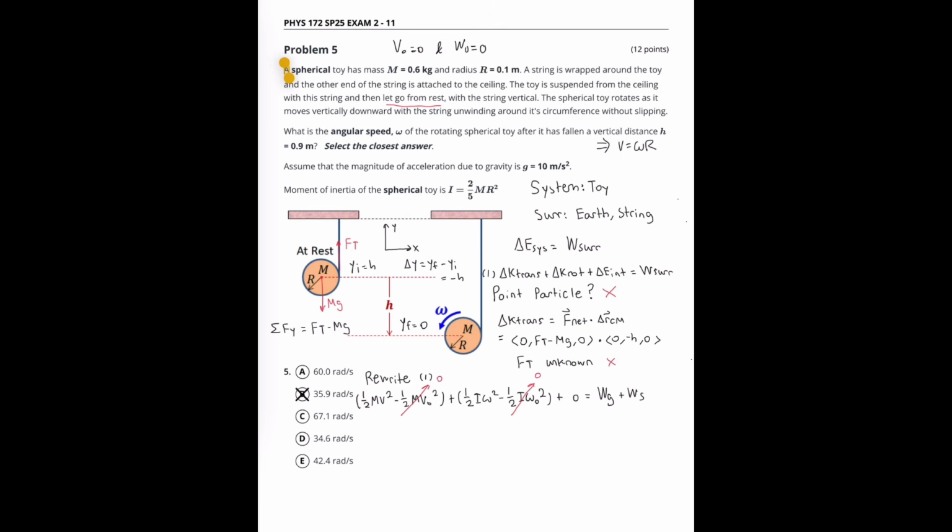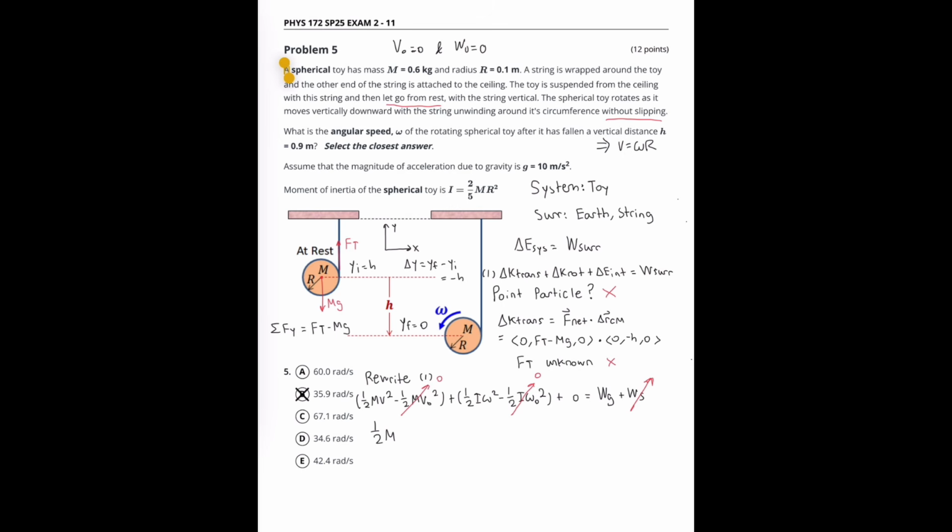And we also know that our work done by string, work is defined by force times distance, will end up being 0 in this case, and we have work due to gravity, which acts a distance of h. So if we rewrite this, we can say 1/2 m, and we also know that the string is unwinding without slipping.